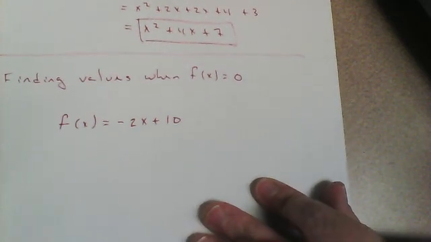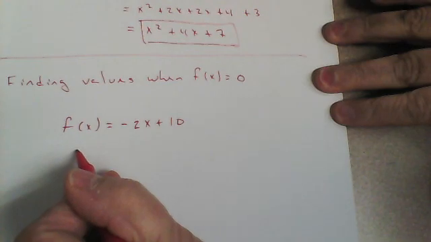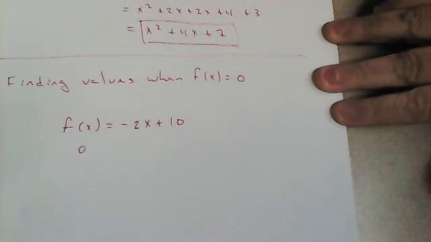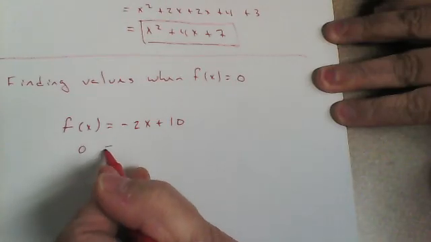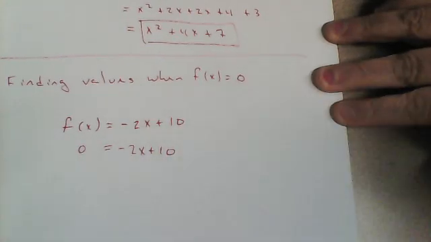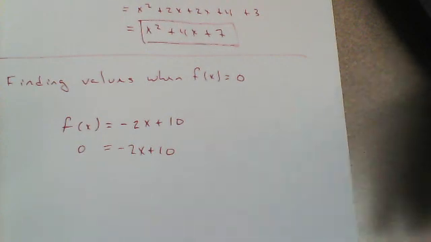So if I have something that says, let's find the value when f of x equals 0, and it gives me an equation like that, all it's saying is, let this equal 0. F of x equals 0, right? Minus 2x plus 10 equals 0. So all we have to do now is solve for x, right? We need to get x all by itself.